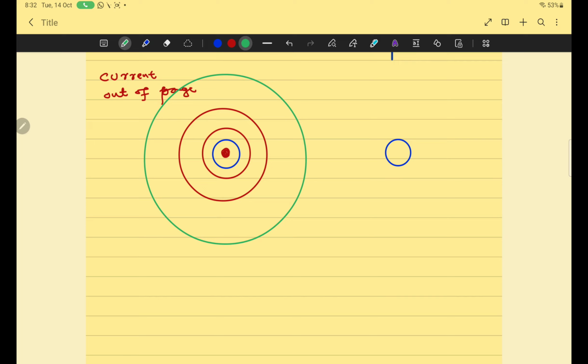Pavitra, you are saying clockwise. It is totally wrong. The direction is anti-clockwise. Pavitra, are you using the right hand or left hand rule?